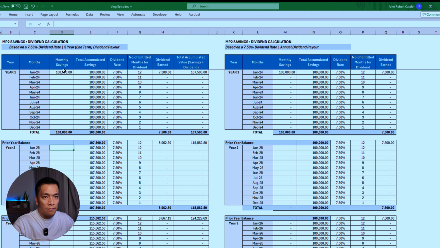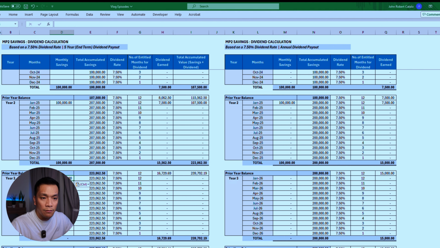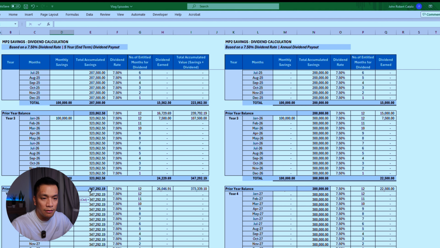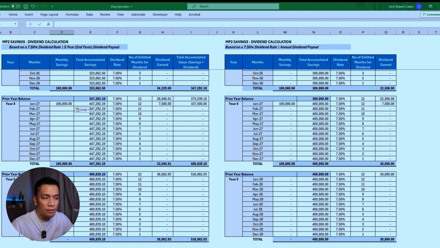And then, let's say, maglagay ka na naman ng 100,000 during the second year. So, makikita mo na naman yung difference nung kanyang dividend earned between the 5-year end term and the annual dividend payout. Dito, with a difference of 562.5. And, continue lang natin. Maglagay tayo ng 100,000 sa year 3, 100,000 sa year 4, and 100,000 sa year 5.